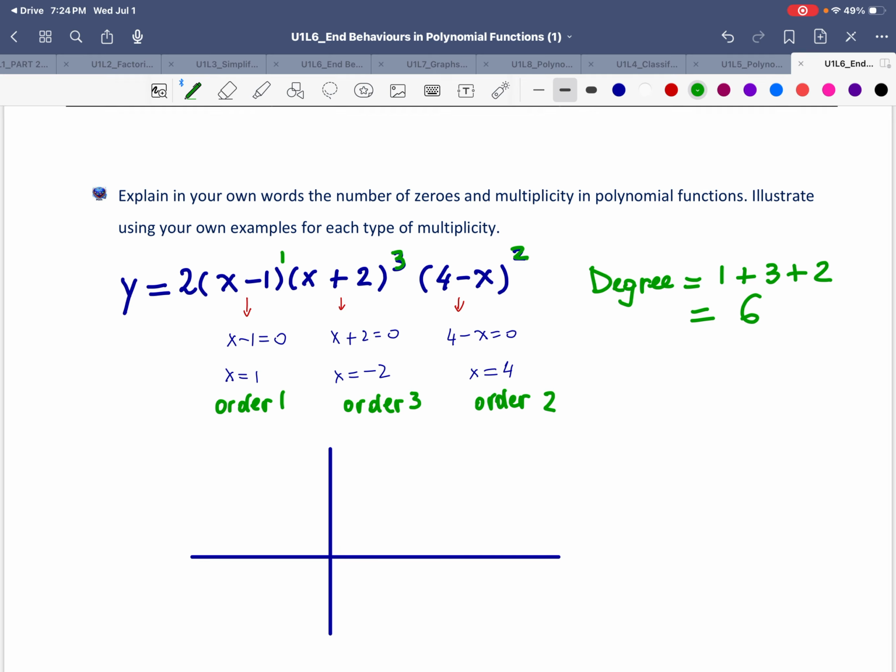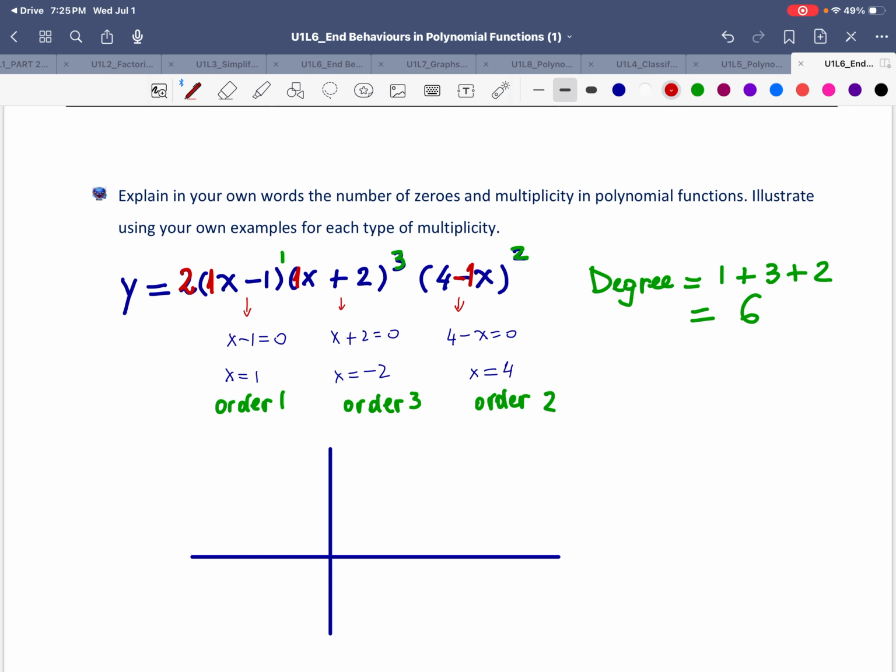So we're going to say that in this case, the degree 6 will behave like a parabola, with either a positive or negative leading coefficient. So let's look at the leading coefficient since we're at it. We have a coefficient of 2 multiplying a coefficient of 1 multiplying a coefficient of -1 here. We look at the coefficient of x.